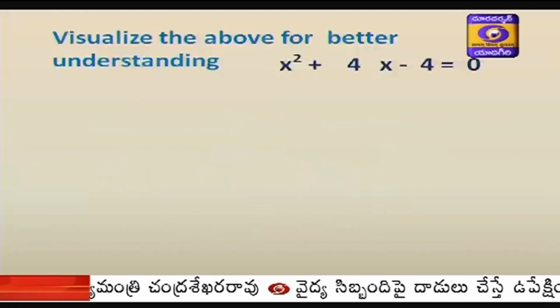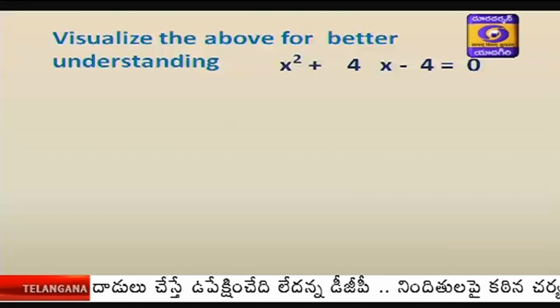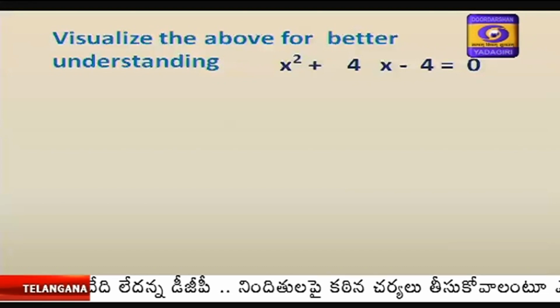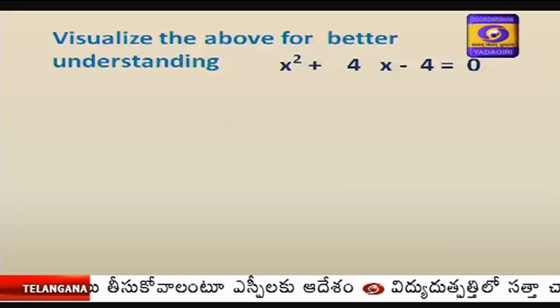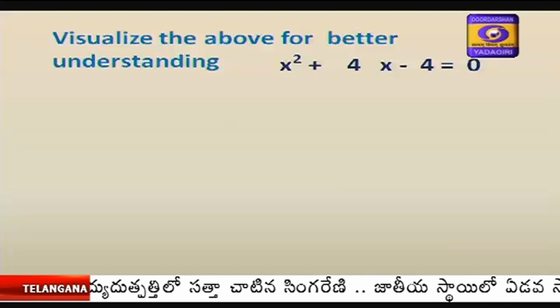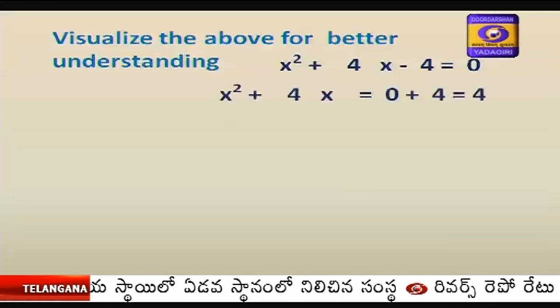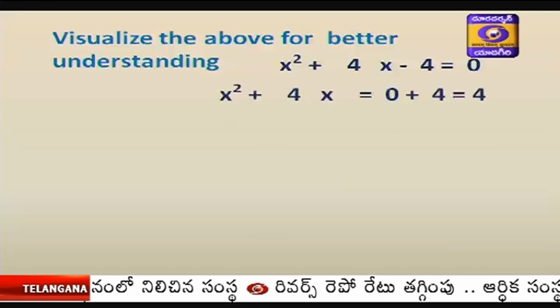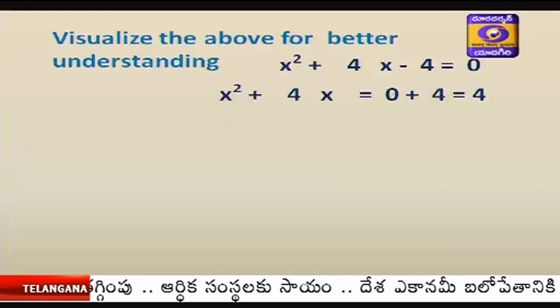Another equation, x square plus 4 x minus 4 equals to 0. First step, no need of dividing the entire equation by the coefficient of x square, since the x square term is 1. It became x square plus 4 x minus 4 equals to 0, and send the constant term to the right hand side. X square plus 4 x is equals to 0 plus 4 equals to 4.